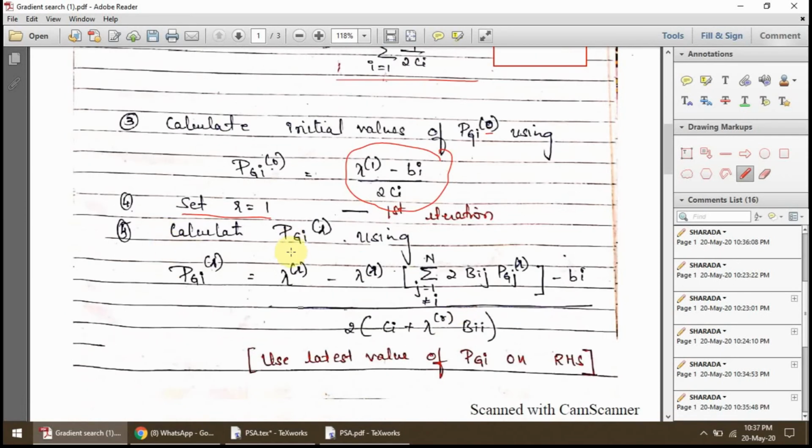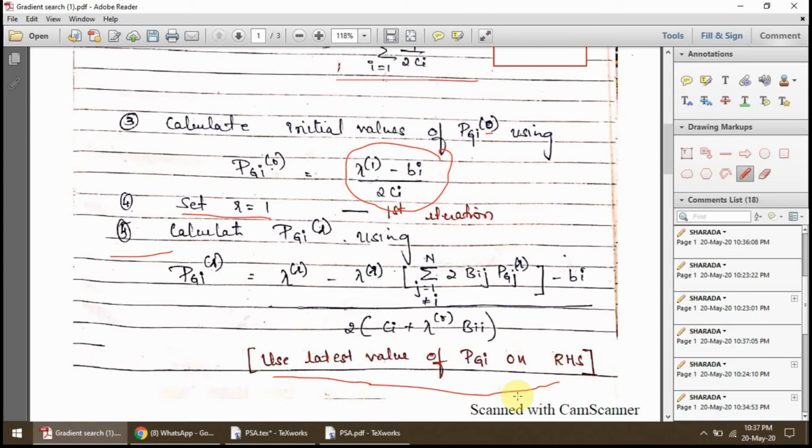Coming to the first iteration, our first step is to calculate the power output of all the n generating units. This is the expression we get. As I've told you, we require the previous iteration value. Why do we require it? Also there is a statement: use the latest value of power output.